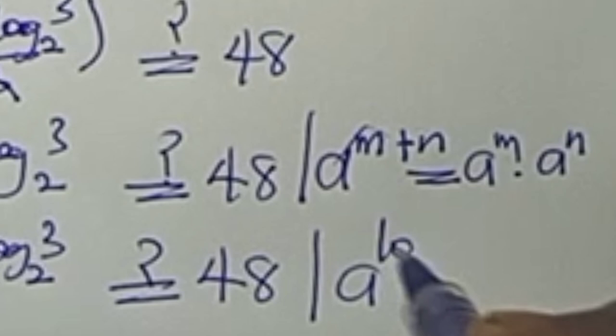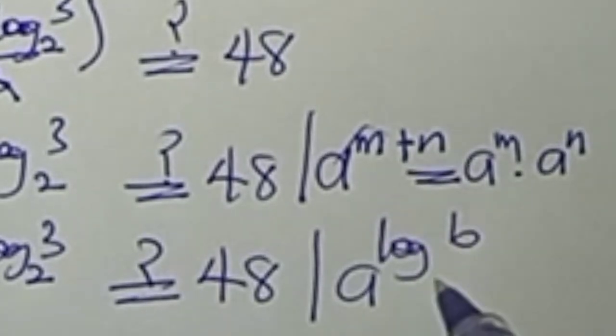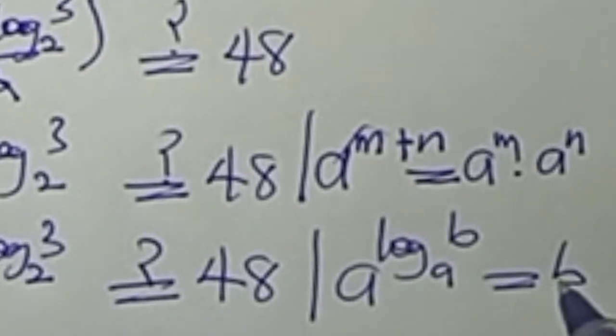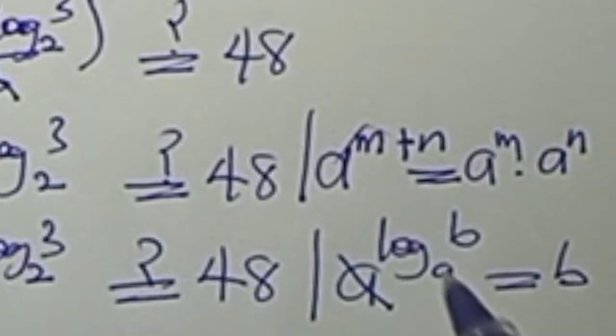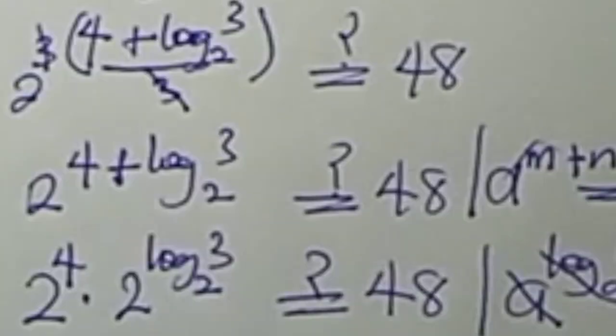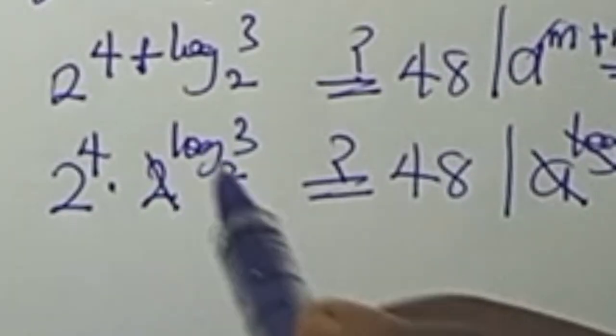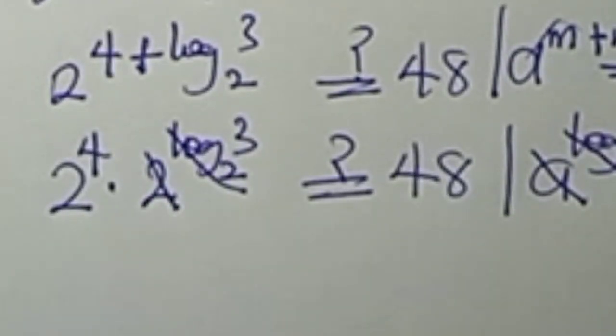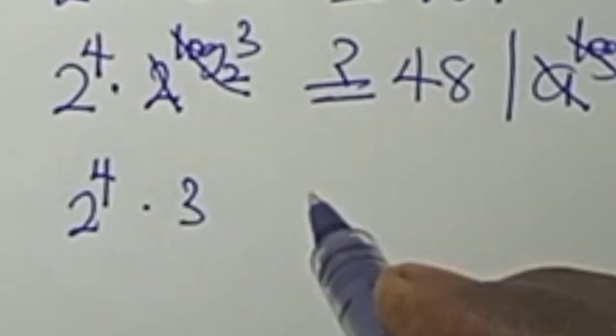But a to the power of log b base a is equal to b. So the base number cancels the log to the base a, giving b. So here, 2 cancels out log to base 2, which leaves 3. What is left will be 2 to the power of 4 times 3.